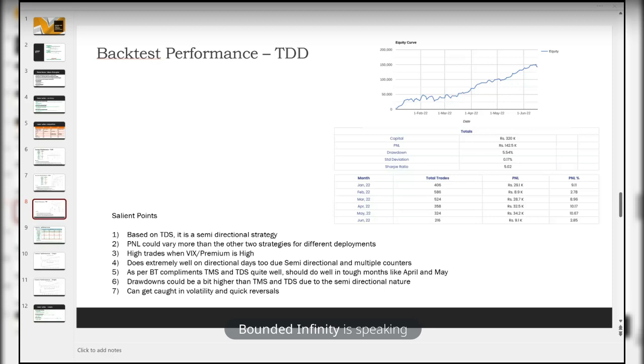Because of the kind of volatility that we are seeing with low VIX, so many people are finding these markets very difficult. Ideally a VIX of 20 is a very good market for an option seller, but you're not able to work as an option seller because the gamma effect is so high and the intraday volatility is so high.